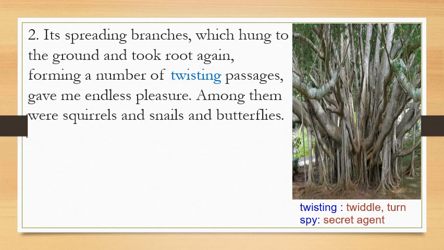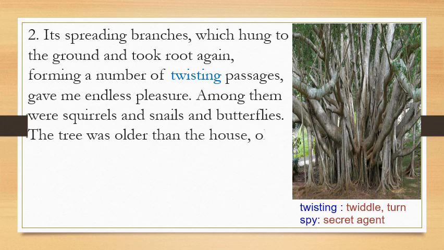Means the author felt very happy and joyful to see the opened out branches of the tree, which used to hang from the tree in bunches to the ground. These roots had formed loops. Loops means a shape produced by a curve that bends round and crosses itself. Various animals like squirrels, snails, and butterflies were living in the turns of those loops.